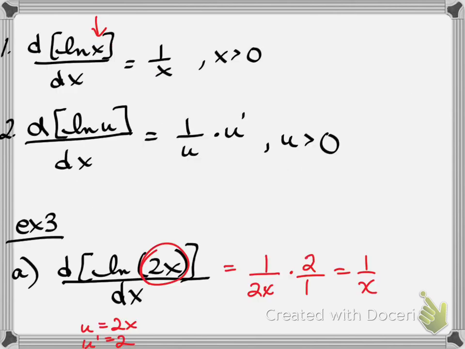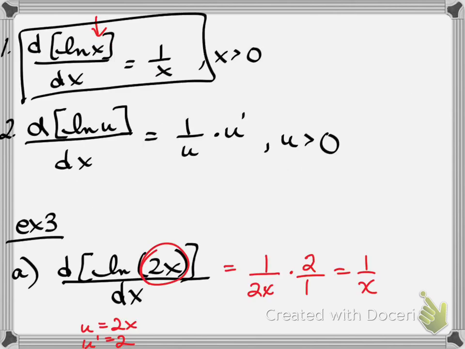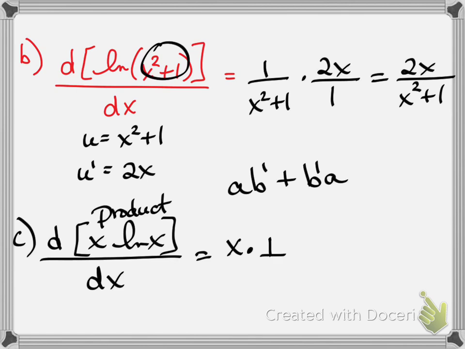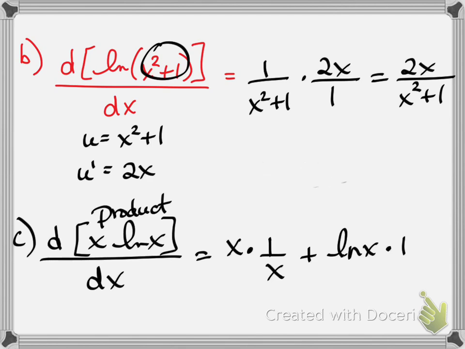Oh, look, you finally get to use this first rule. It's 1 over x plus second times derivative of first. I didn't write that property right, let me fix this. That product rule: first times derivative of second plus second times derivative of first. There you go.